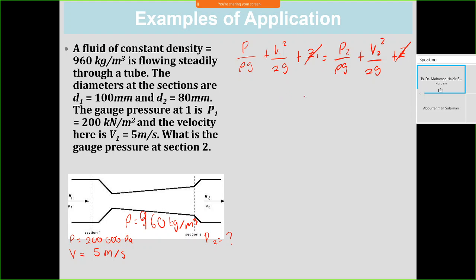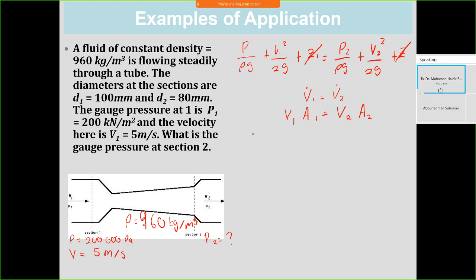How to get the velocity at point 2? You already know V dot at point 1 is the same as V dot at point 2, and V dot is flow rate. Flow rate is equal to velocity times the area at point 1, equal to velocity at point 2 times the area at point 2.